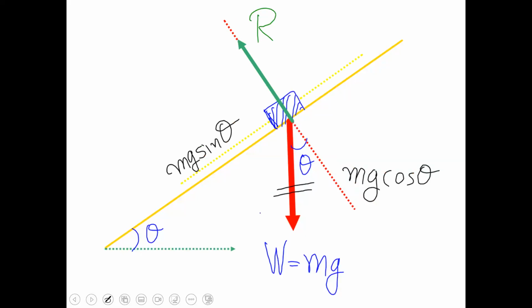Now, I have resolved mg. There are two components on mg: mg sine theta and mg cos theta. The reaction force is upward, and this is R. R is the normal reaction. Do not update the previous diagram, it will actually change the concept.